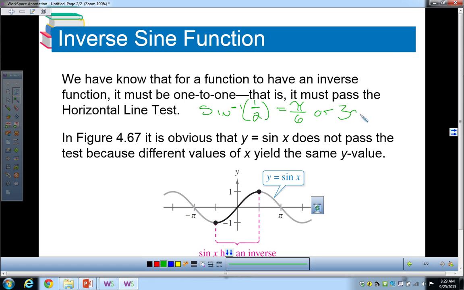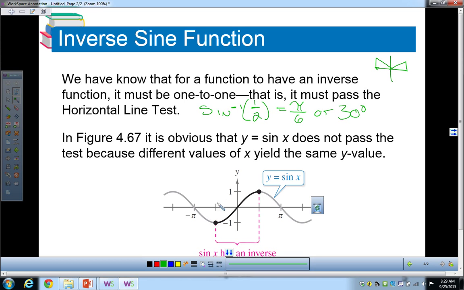But the problem with that is that on the unit circle, there's two places where sine is equal to 1/2. One is over here, and sine is also positive over here. So in order for a function to be a function, when I plug something in, I can only get out one answer. And so what they do is they restrict the sine function's domain so that it is 1-to-1.